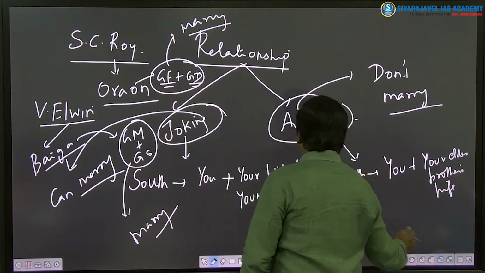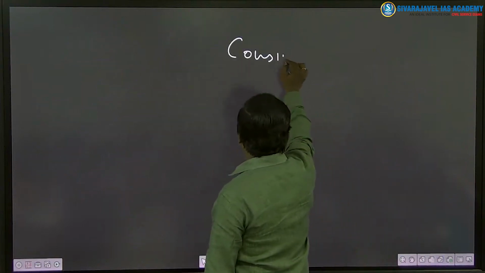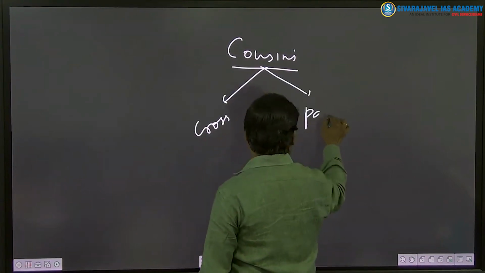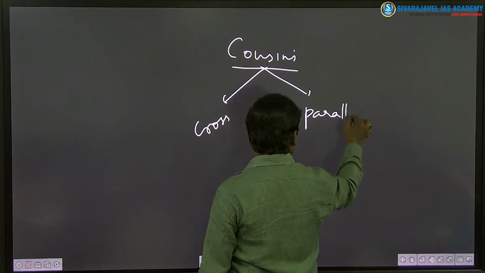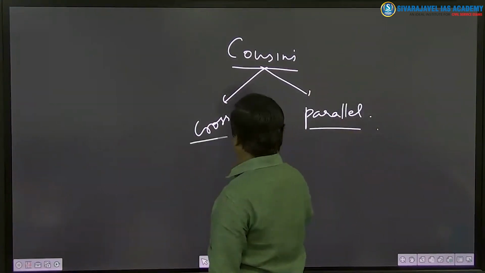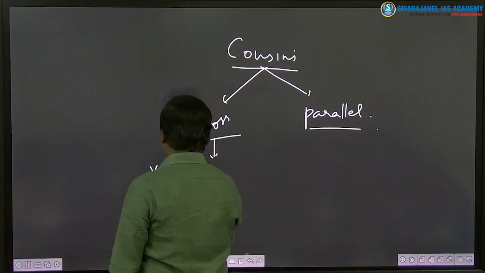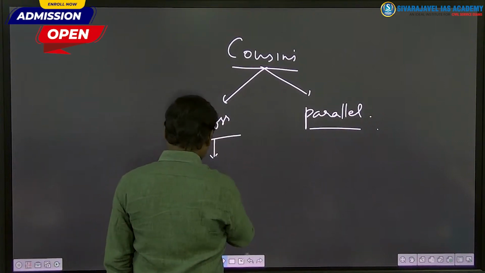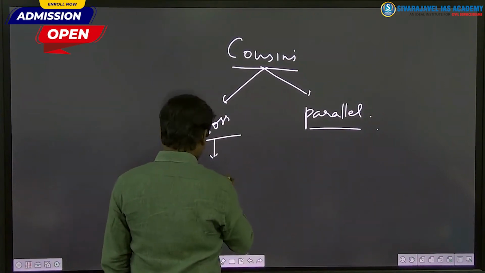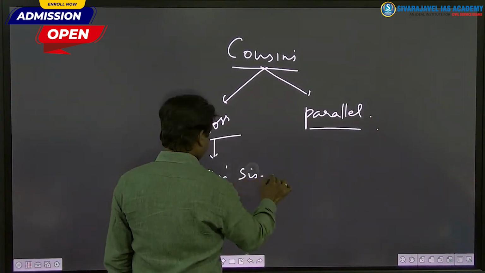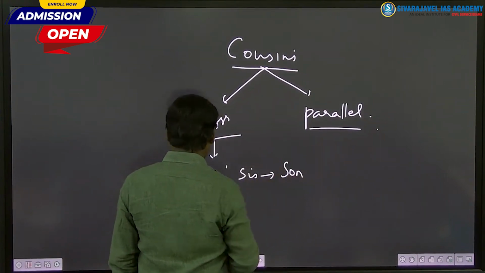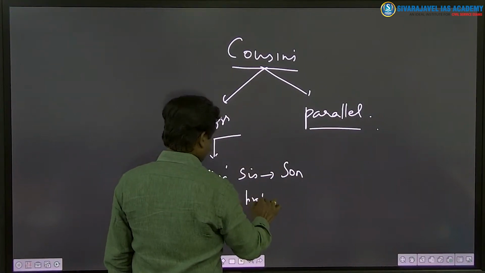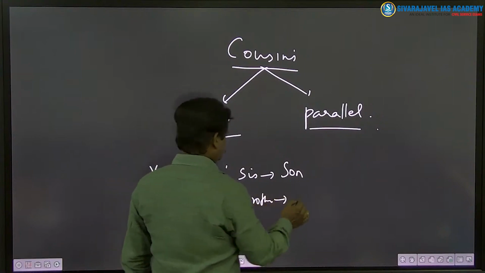So there are two types of cousins: cross cousins and parallel cousins. Cross cousin means your father's sister's son or your mother's brother's son.